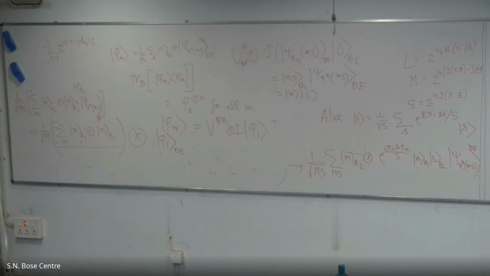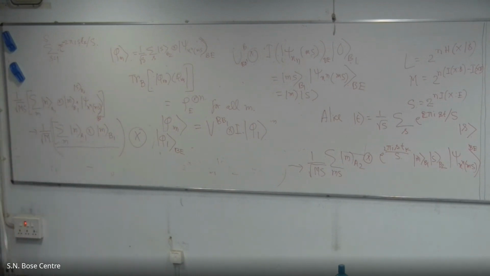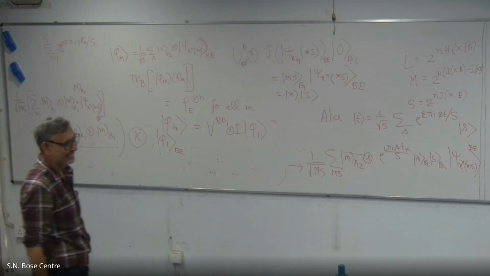You will see that Alice's system and part of Bob's system will be totally uncorrelated because the T variable does not appear here. Actually, communicating information about T doesn't communicate anything about S. That's why you are mixing all of them equally. That is the trick.